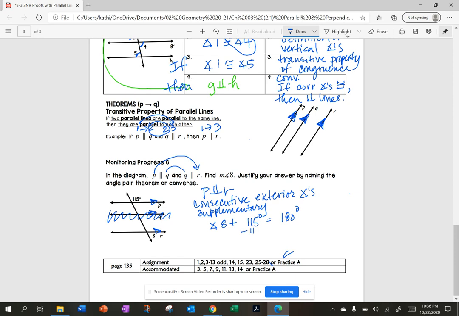So angle 8 is going to be 180 minus 115, which is 65 degrees. So angle 8 is 65 degrees. That's it.